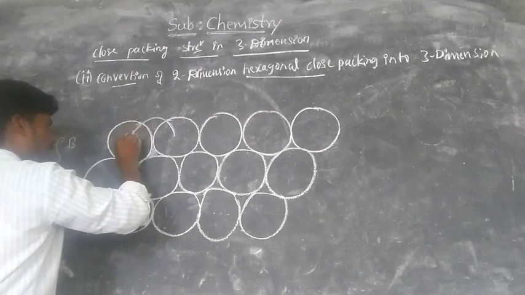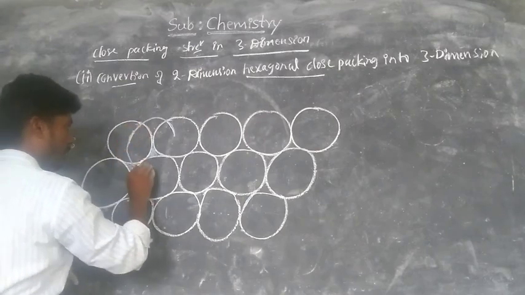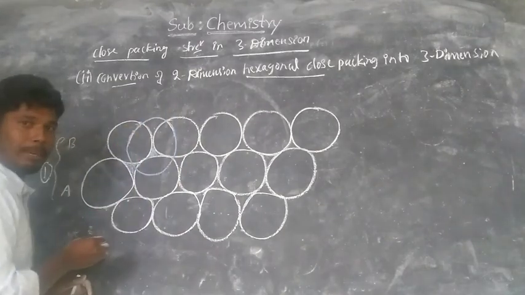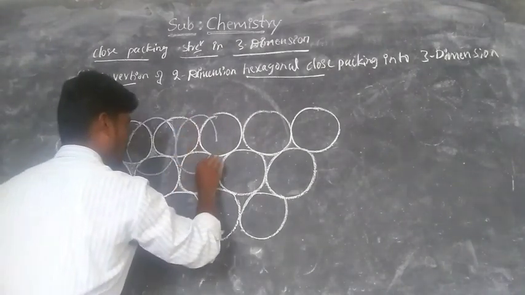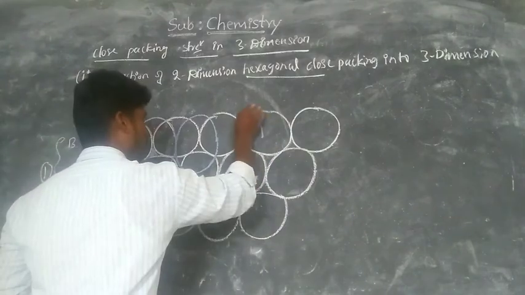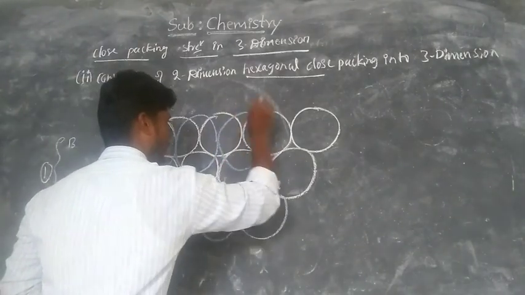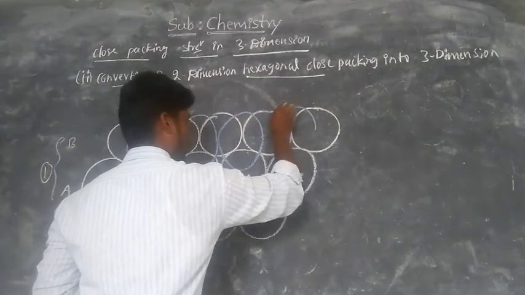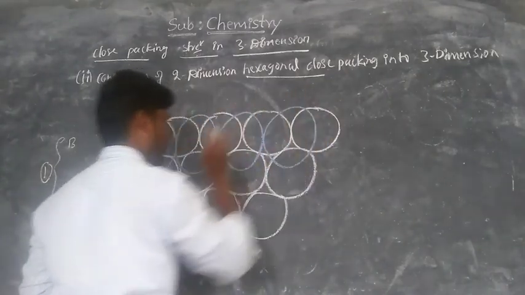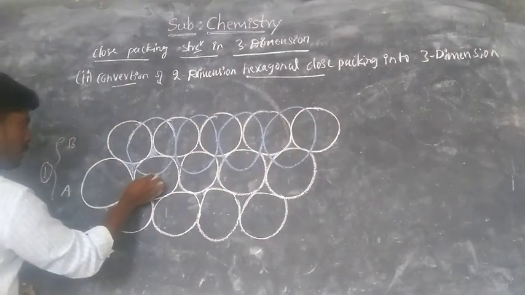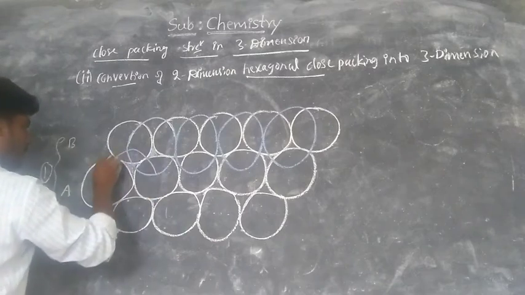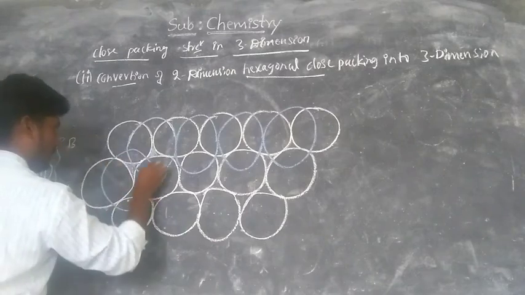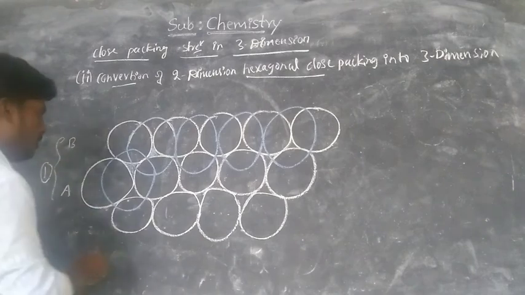So observe. I am placing the second one, writing in color chalk please. So this is the second layer of hexagonal closed packing. One layer, and similarly observe, second layer. And here also.